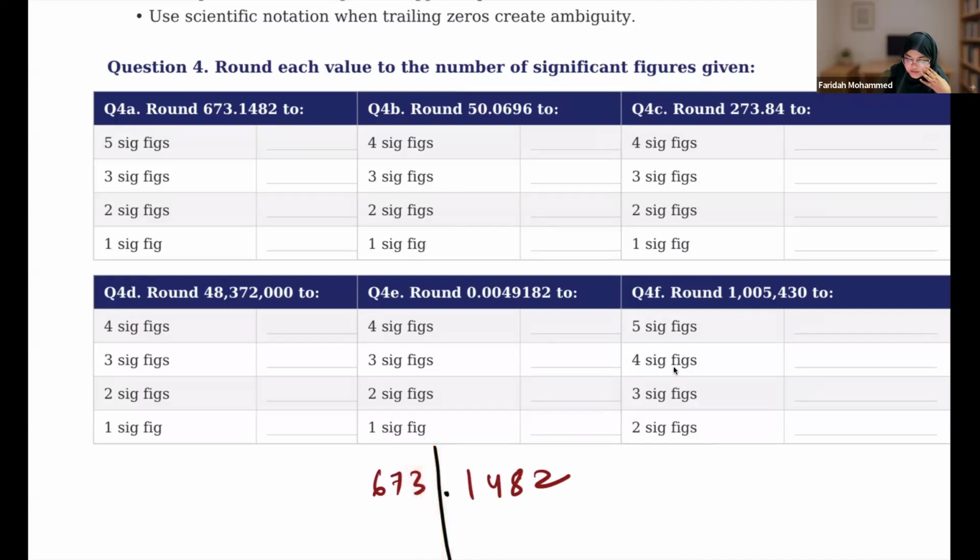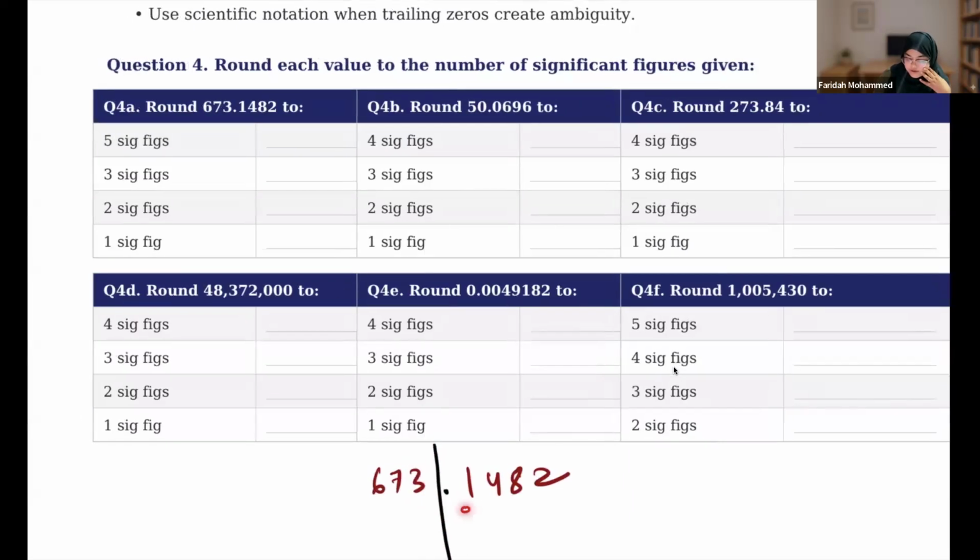Now the question is whether these are going to be ignored or become 0. It will be ignored if it's after the decimal, right? So what should the 3 sig fig answer be? Just 673. Correct. Before the decimal, it will become 0. After, it will be ignored.